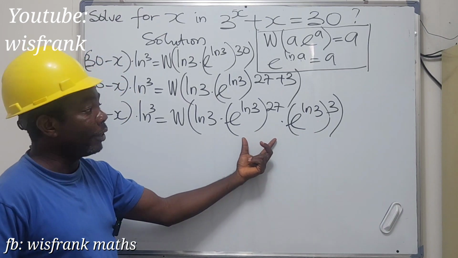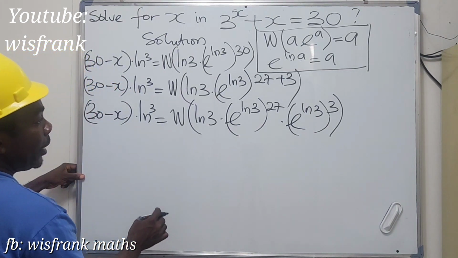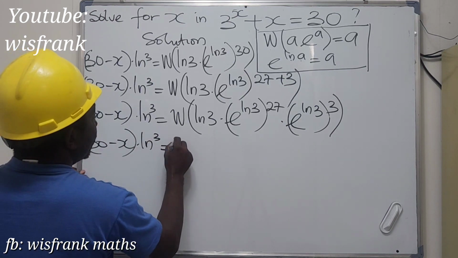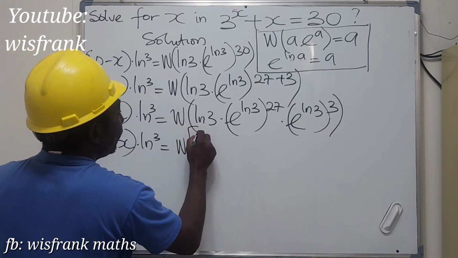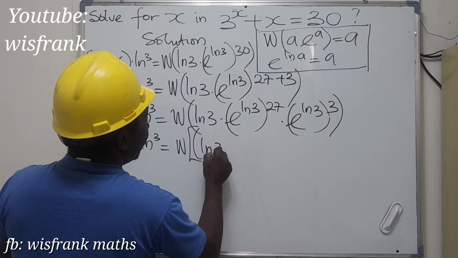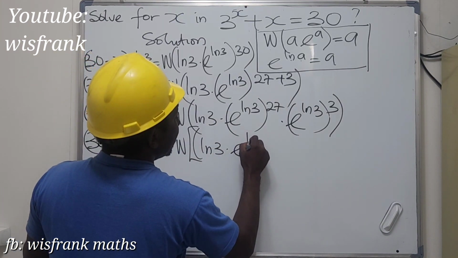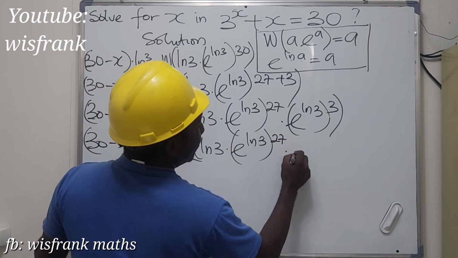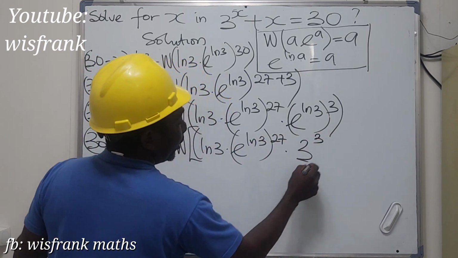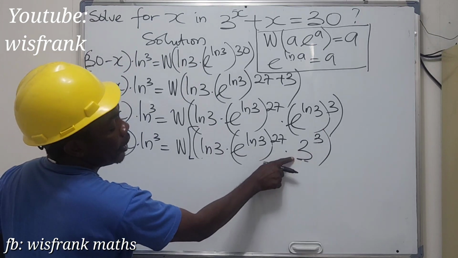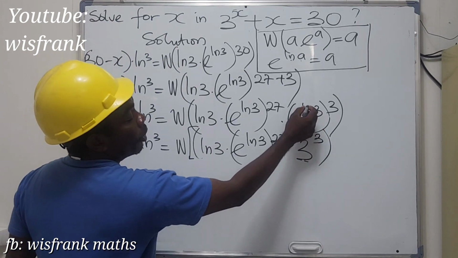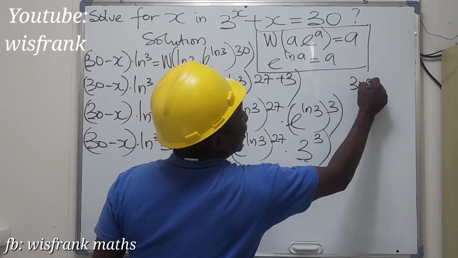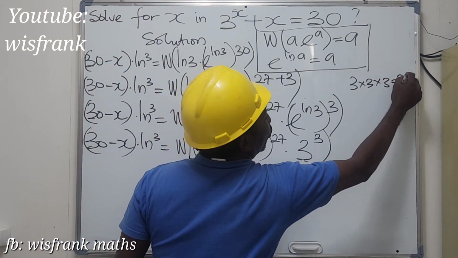So we can further evaluate this as ln of 3 times e to the power of ln of 3 times 27 times 3 to the power of 3. Because the whole of this place is 3, 3 to the power of 3 is the same thing as 3 times 3 times 3, which equals 27.